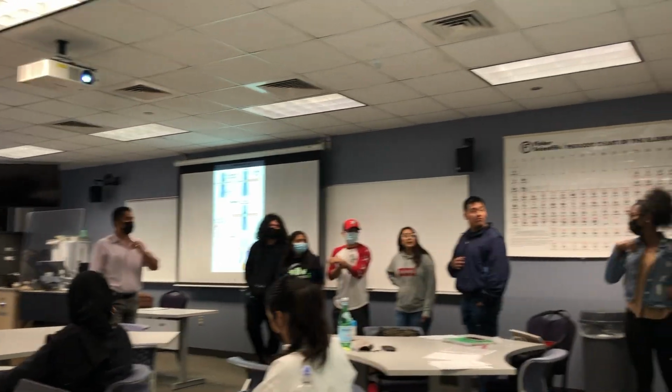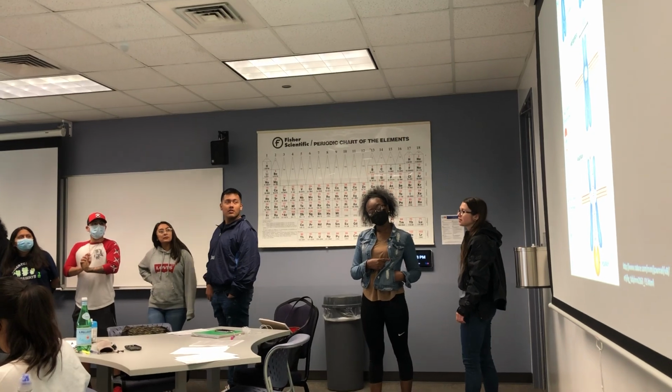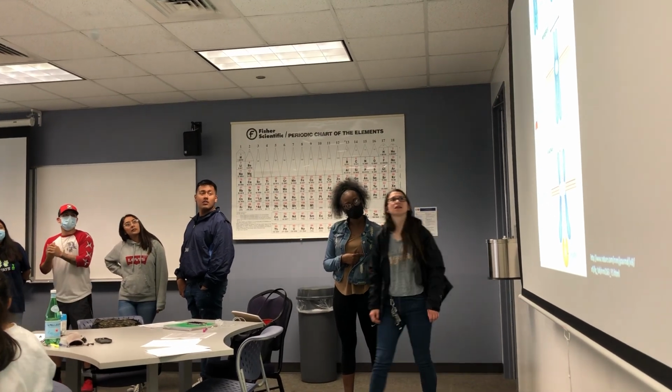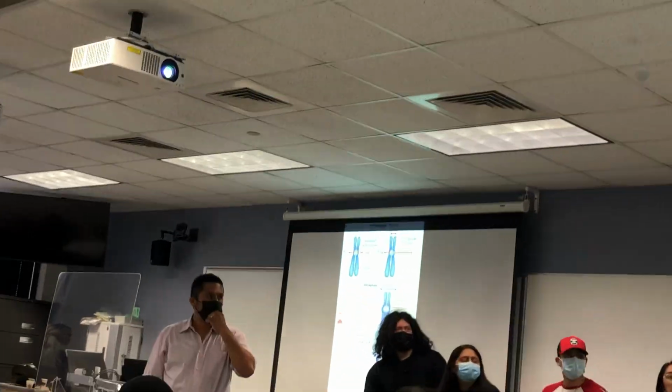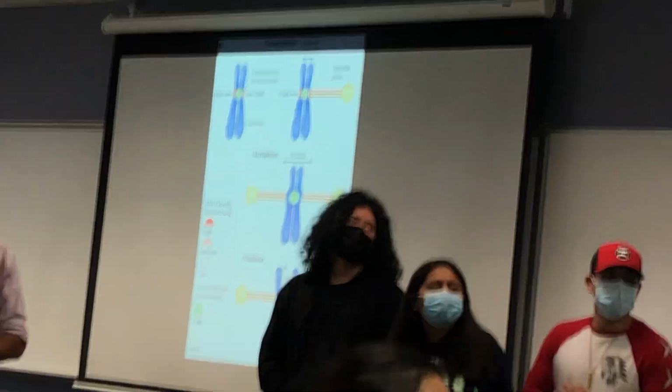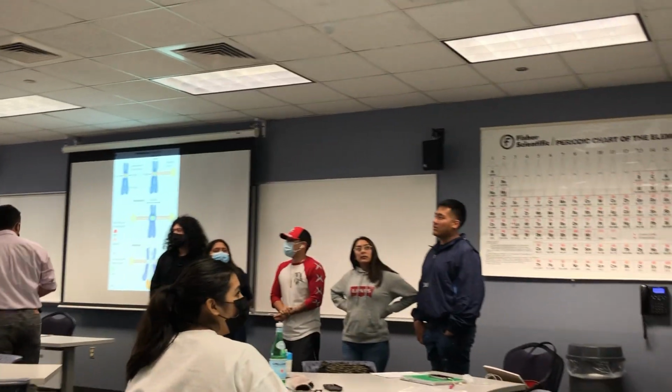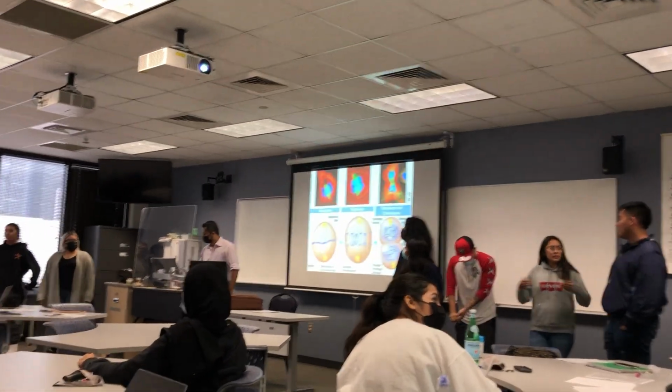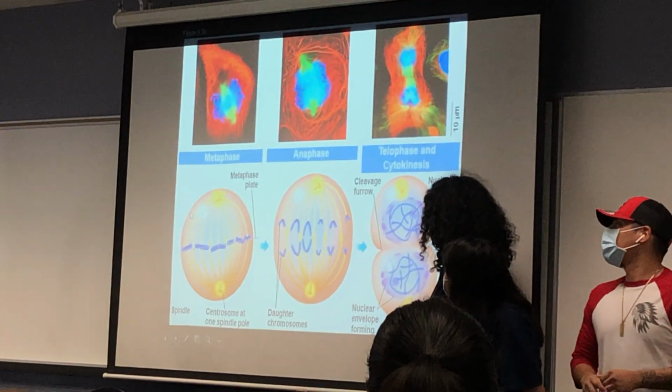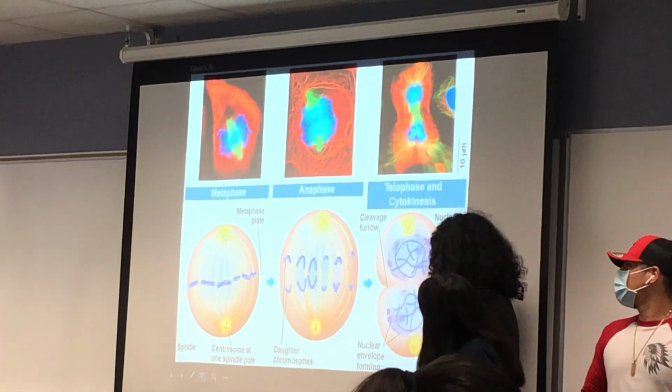What are we? You are the microtubule organizing center, the spindle poles, the centrosomes, the centrioles, okay? Centrosome, centrioles. Let me show you here. Right here, this centrosome right here, centriole.